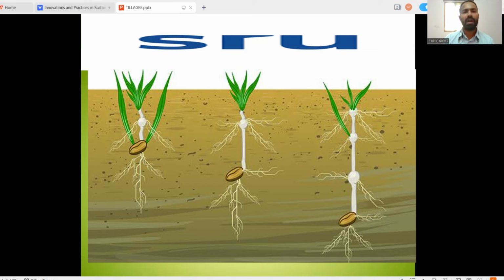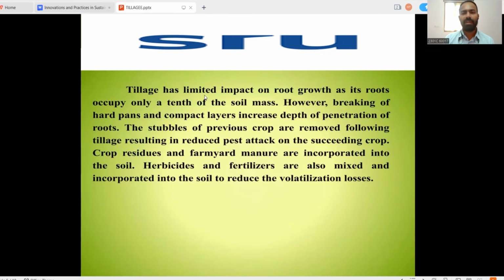However, the breaking of hard pan and compact layer increases the depth of soil penetration by roots. What will happen after breaking of the hard pans? The compact layer breaking increases the depth of penetration of your roots, because different crops will have different root types. Some will have fibrous, some will have tap roots. So their penetration will also be different.